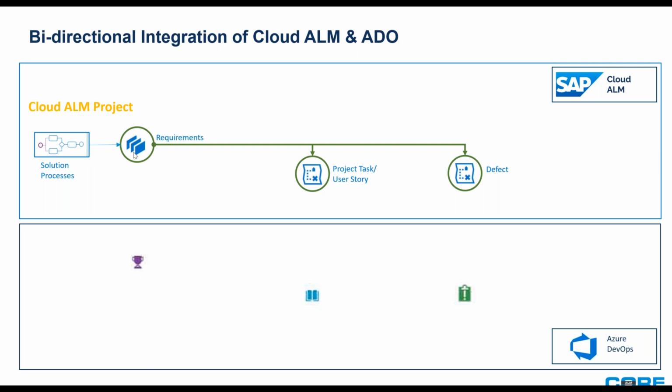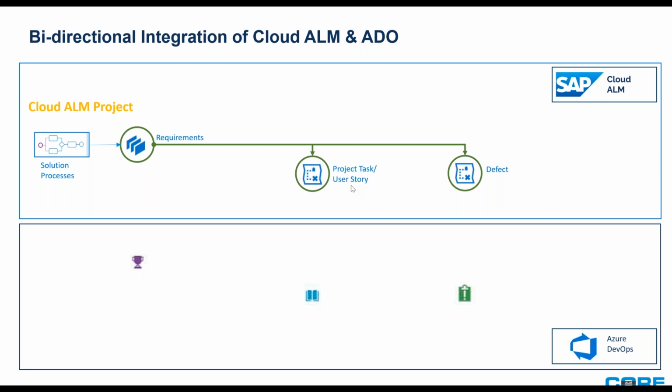Then as you capture those requirements that you want to implement through the solution, let it be any type of RICEFs or any type of user stories, etc., then at some point we need to deliver those requirements. So you're going to have some type of project task or user story. So within Cloud ALM, you'll have the option to create a project task or to create a user story in order for you to be able to deliver that requirement. So they're very similar in nature.